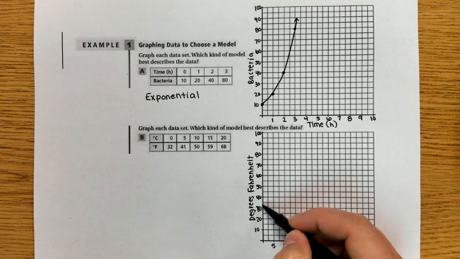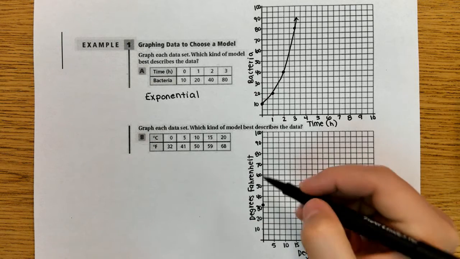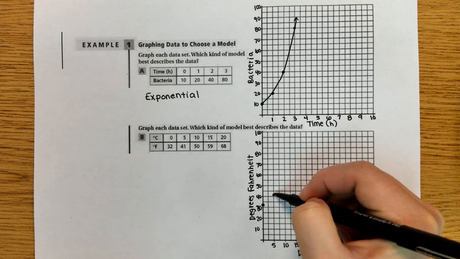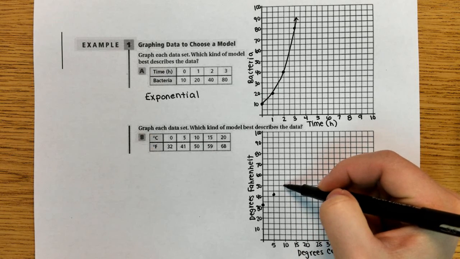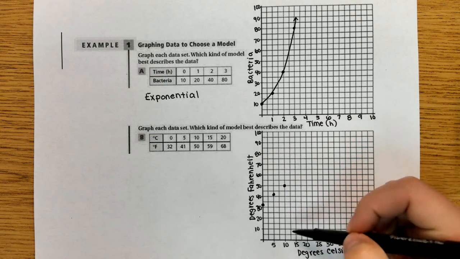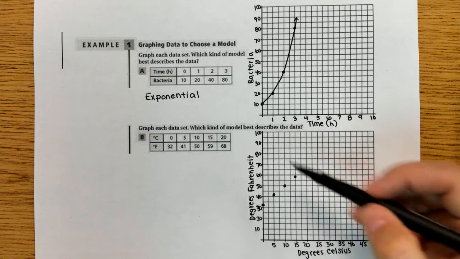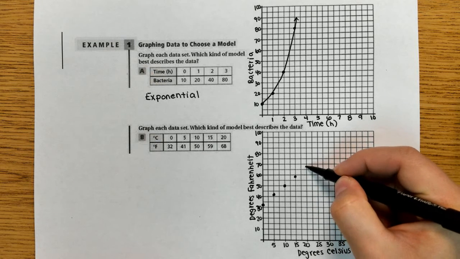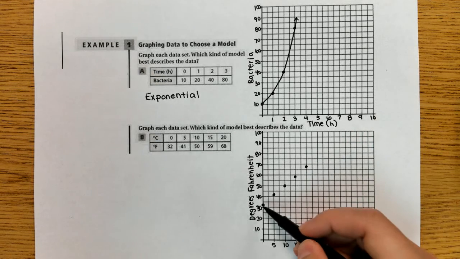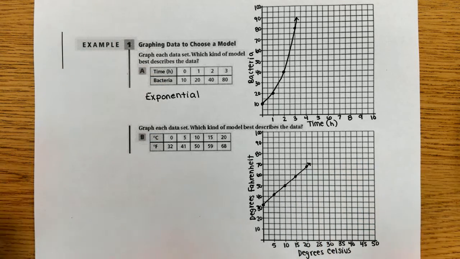So 0 and then 32 would be about right here. 5, 41, and then 10, 50, 15, 59, and then 20, 68.